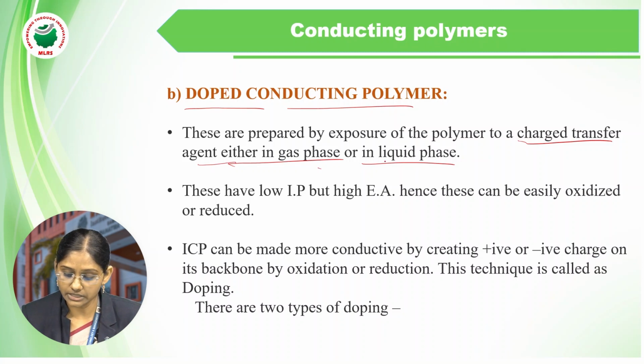Doping means any reagent will be added, so that the polymer undergoes either oxidation or reduction. Then an electron can be added or removed, and because of this, charge transfer takes place.